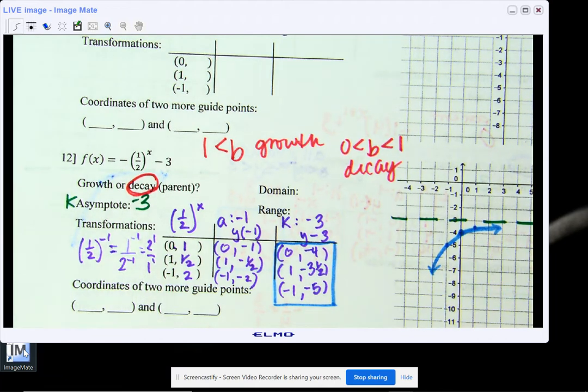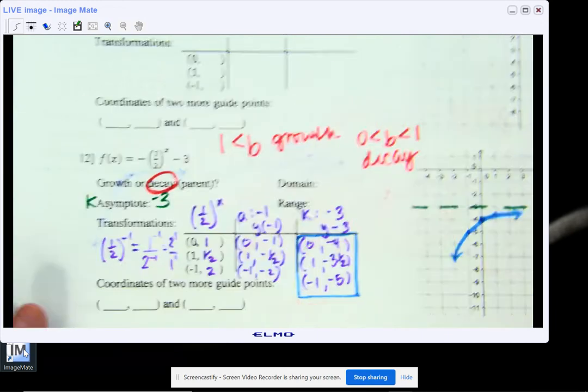If you look at number 8 that we just did, see how the a was negative and our graph was below the asymptote? The other ones that we did on Friday, when the a was positive, our graph was above the asymptote. So those are the kinds of things you're going to need to have an idea about.